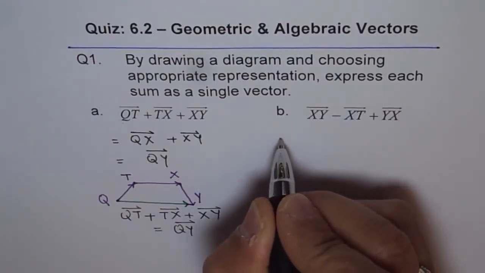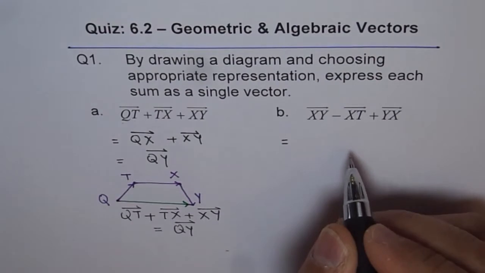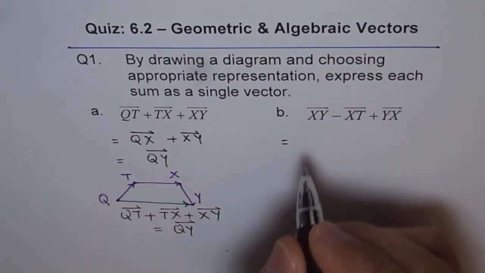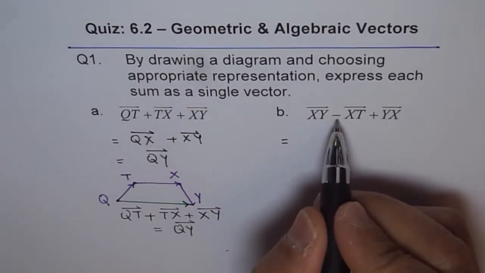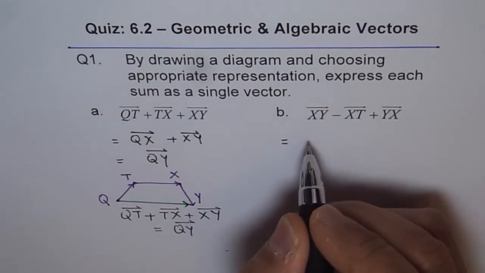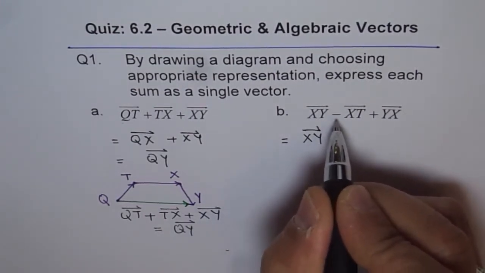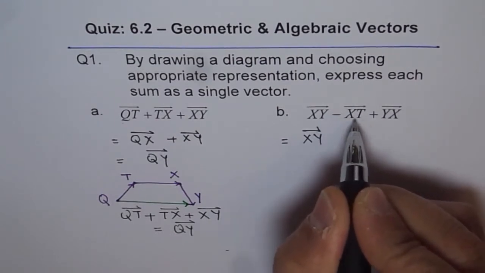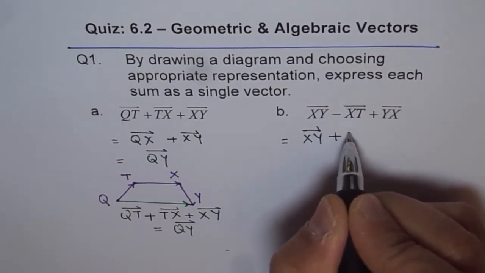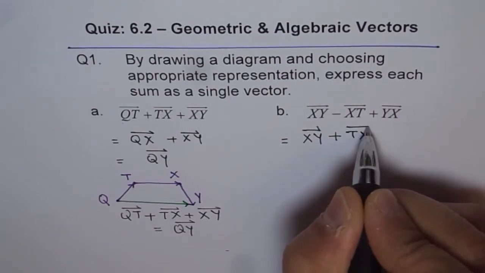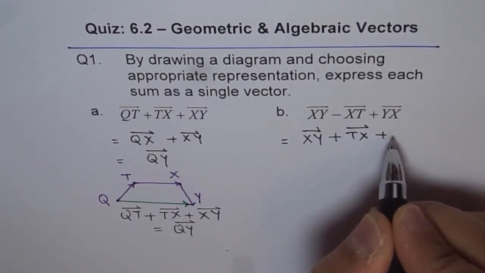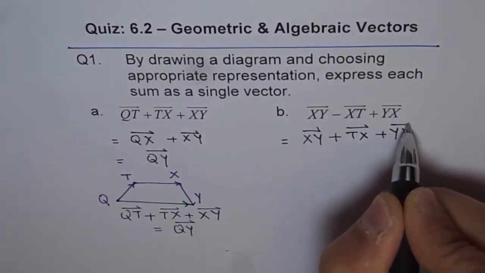So the first step should be to reorganize and make everything positive. So let's first make it positive. So what do we get? We get XY, and then if you want to make it positive, we have to write TX, right? So plus TX and then plus YX.